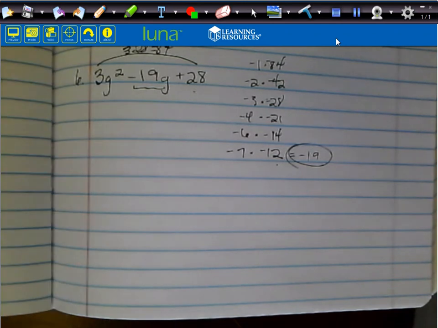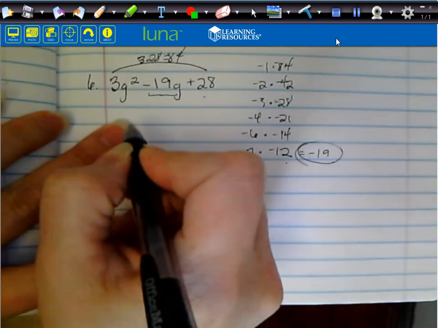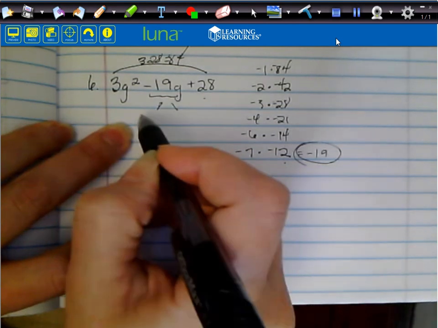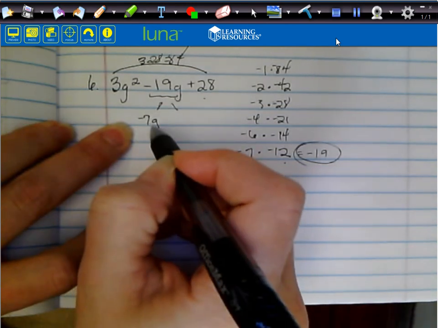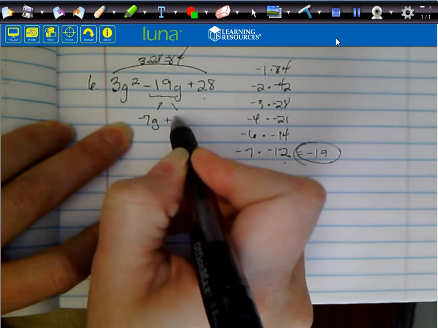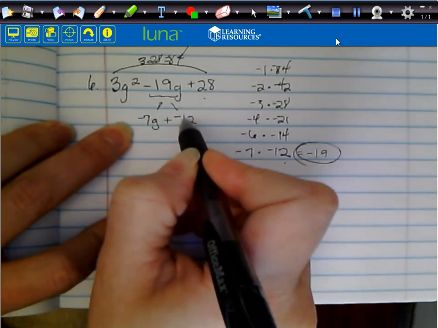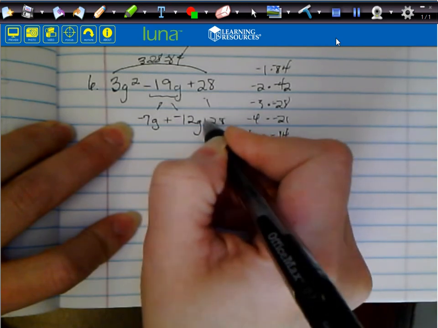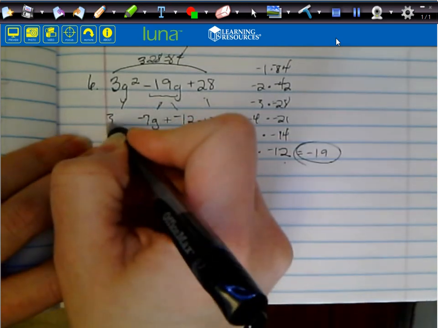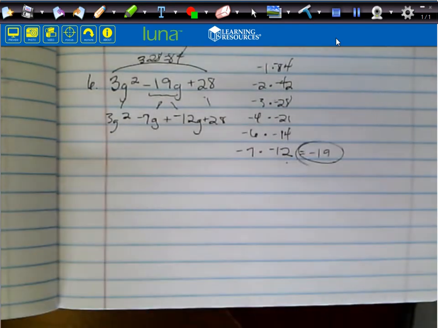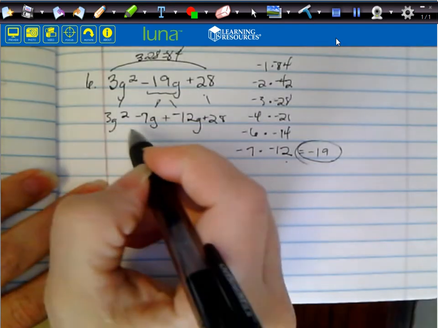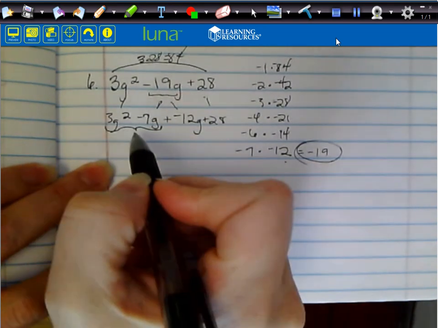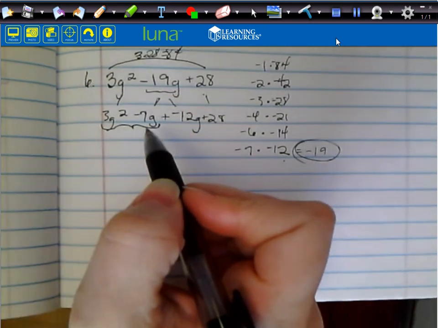All right, so I've got my negative 7g and my negative 12g. I'm going to bring down my 28, bring down my 3g squared. All right, so now I'm going to look at my groups. 7 and 3 have no common factors.